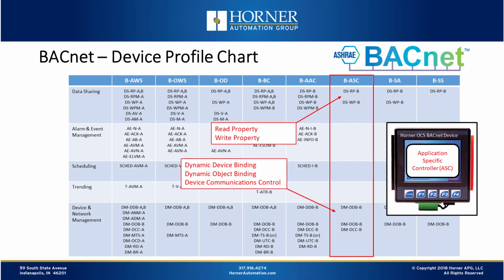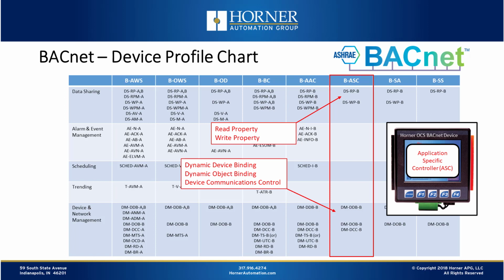Now, from a Horner perspective, once again, we are an application-specific controller, which means that there are a minimum of 5 BIBs that we must support in order to be conformant as an application-specific controller. And you can see to the right of the application-specific controller, you have 2 columns. You've got a smart actuator and a smart sensor.